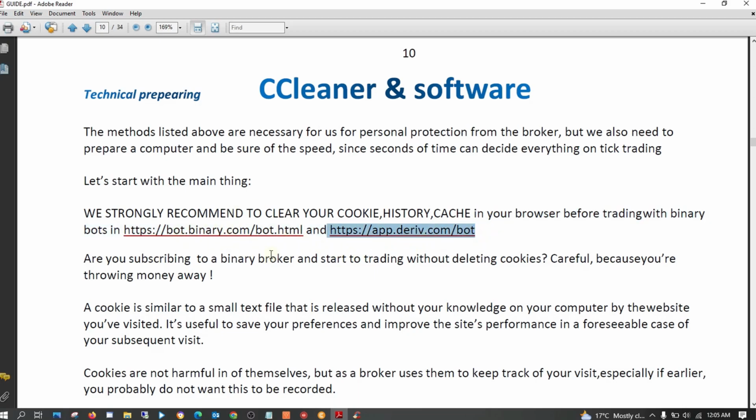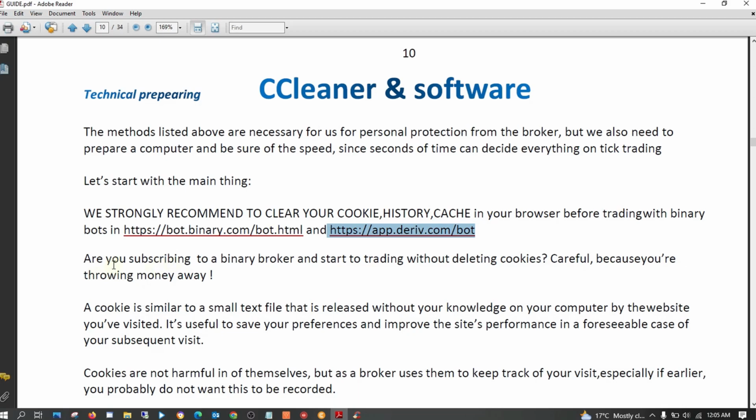So you can still trade on the two, and you can use the same password and username. This is one broker, so you can use any of these with the same username and password.